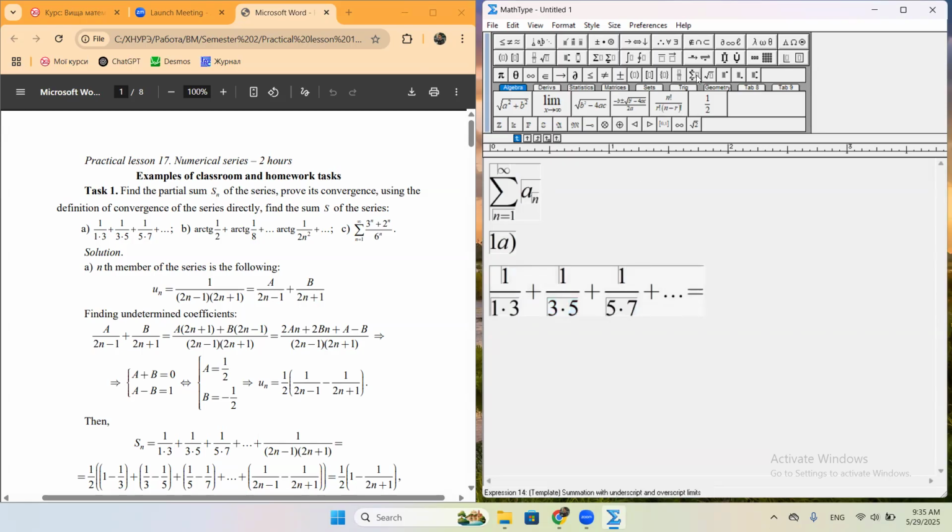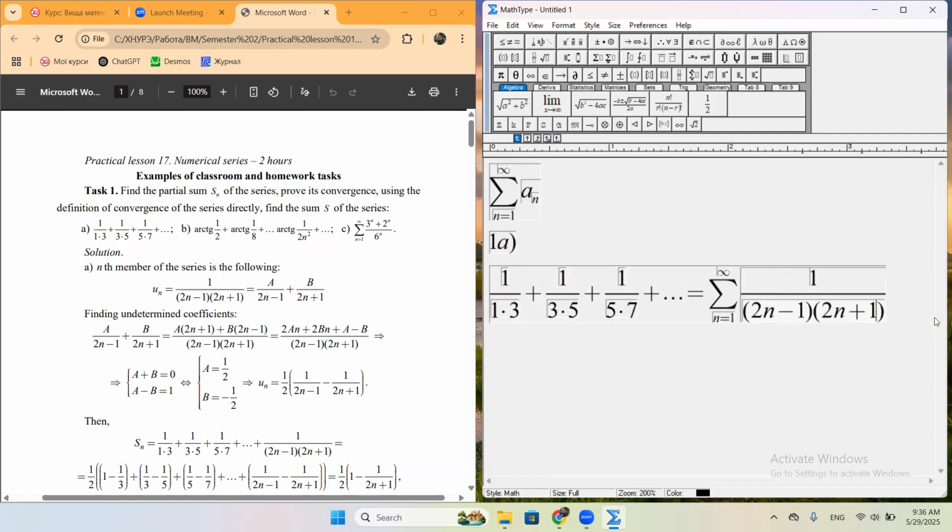So let's write it like this: 1 over (2n minus 1) by (2n plus 1). So this is how the series looks like.